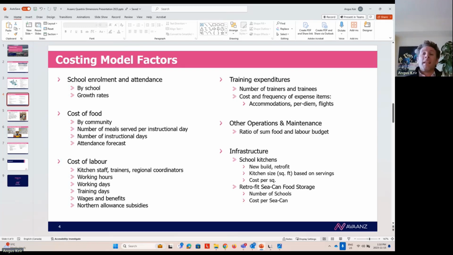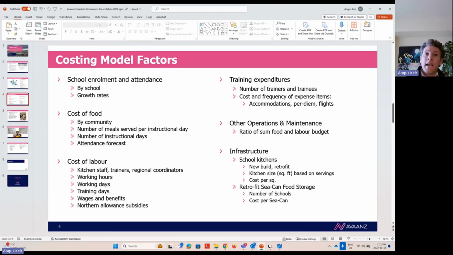So again, engagement with the community food centers helped determine, okay, this is the number of staff you'll require. You're going to need a lead cook and assistant cooks, and the wages will be different. And this is the number of hours you're going to need if you're serving this many meals, and the hours you're going to need if you're serving more. How many working days also comes into the cost of labor.